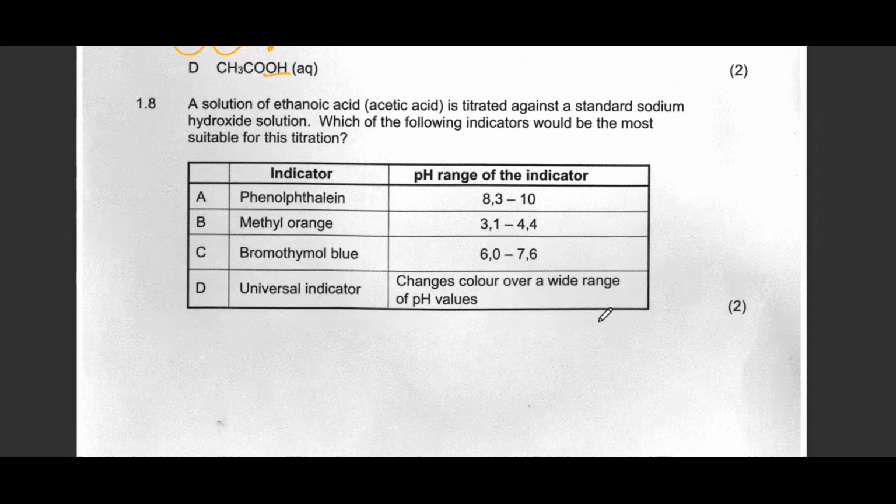Then they're saying 1.8, a solution of ethanoic acid, sometimes you call it acetic acid, sometimes you call it vinegar, is titrated against sodium hydroxide. Now this is a weak acid, and then this is titrated with sodium hydroxide, which is a strong base.